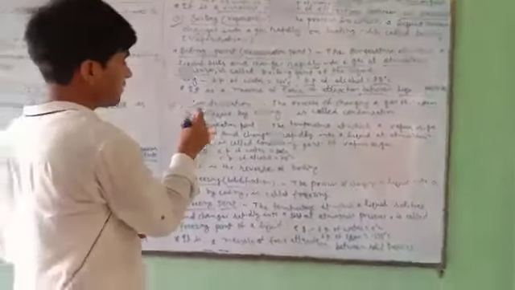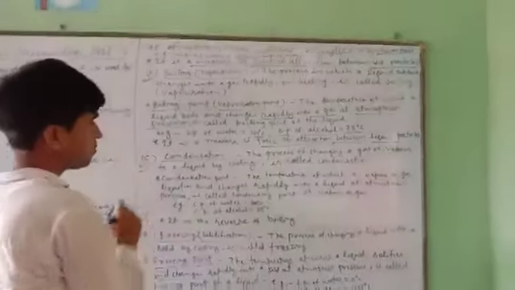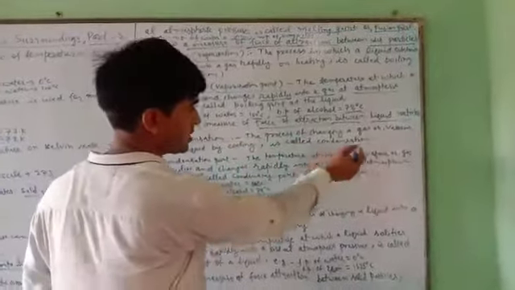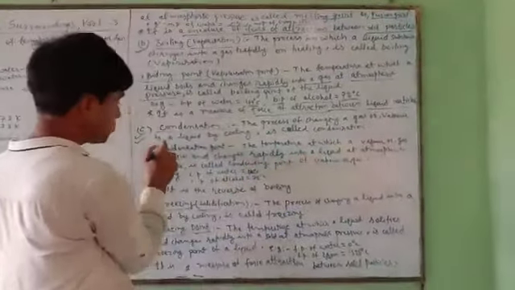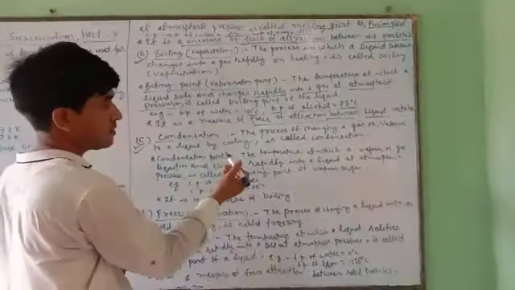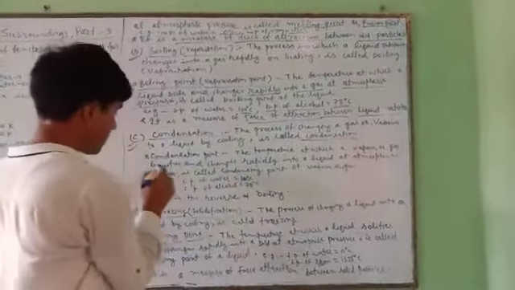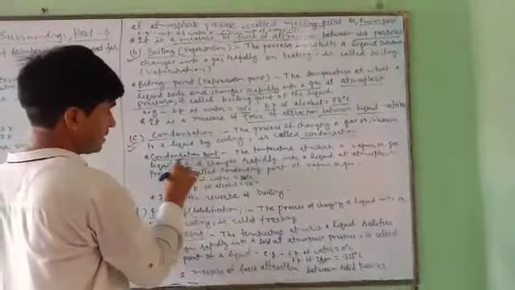Now we have to know about condensation. What is condensation? Condensation is the process of changing a gas or vapor to a liquid by cooling. What is the condensation point?